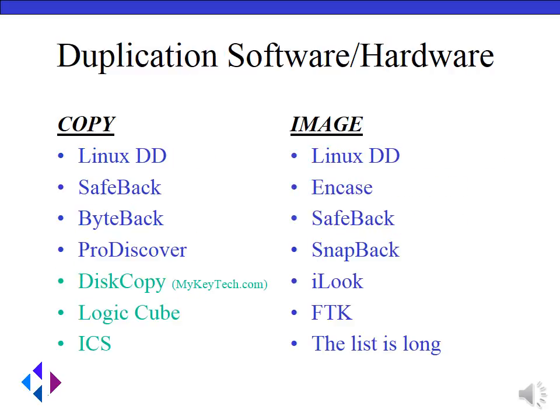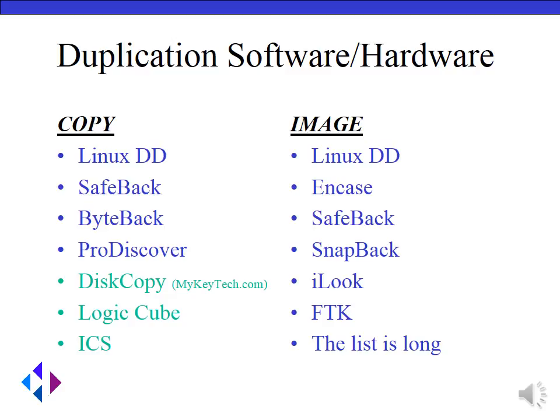Here's just a quick list of duplication software and hardware that's available, such as to copy: Linux DD, SafeBack, ByteBack, ProDiscover, Disk Copy from Mikey Technology, a Logic Cube, or an ICS. To make an image or image files, you have Linux DD again, EnCase, WinAcquire, SafeBack, SnapBack, iLook, FTK.